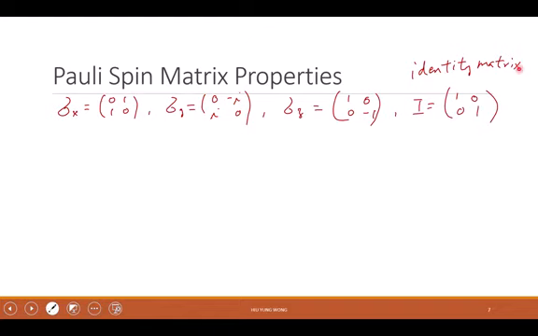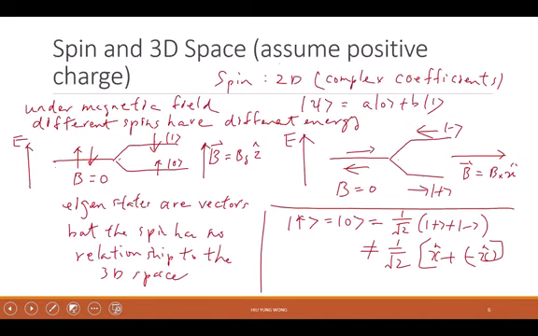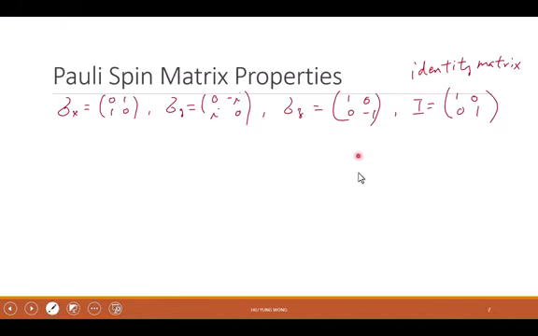Usually, Pauli matrices are only talking about these 3 matrices, but very often this I has some special property that is very similar to them, and you can group them together to form a larger set. We are going to look into this later.